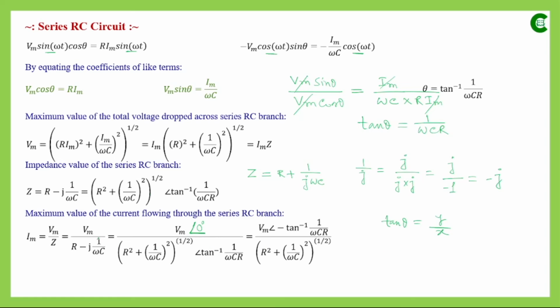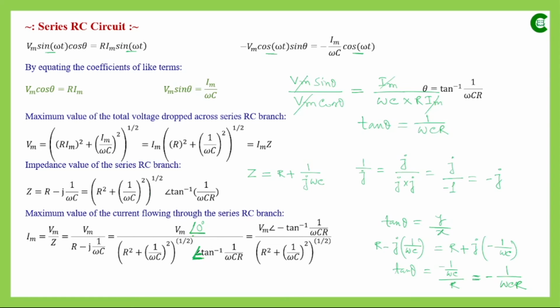So here the relationship in the denominator is R minus j times 1 by omega C, so that can be written as R plus j times minus 1 by omega C. So when we find tan theta, it will be minus 1 by omega C divided by R. That means it will be minus of 1 by omega CR. So the angle that we will get will be minus tan inverse 1 by omega CR.